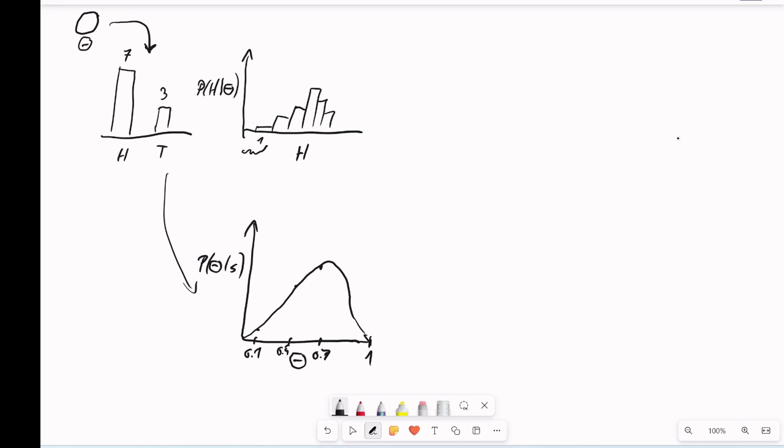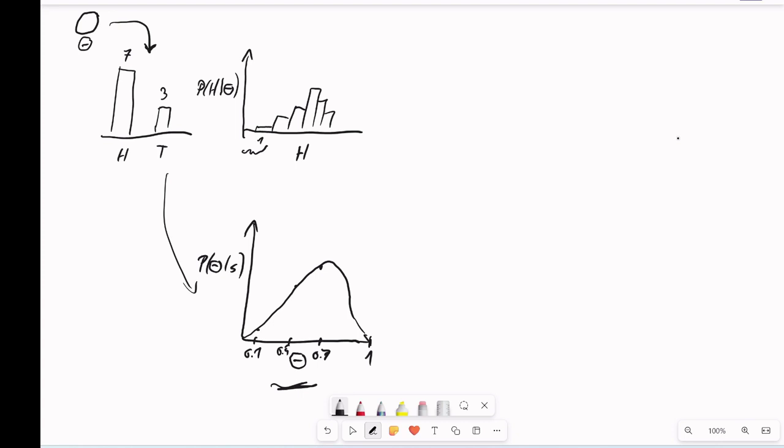Why is it nonetheless the case that Bayesian statistics is actually not used so super frequently, that in many fields the general frequentist statistics is still much more common? Well, in this case, you may already be wondering, why did I draw this distribution here like that? Where did I get that from, that it should look like this?